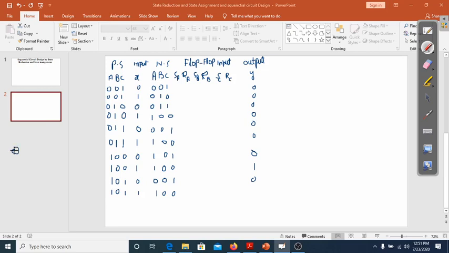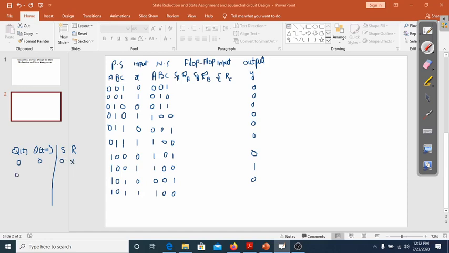We are given the present state Q of t and the next state Q of t plus 1, and we have to decide their inputs, S and R. When the present state is 0 and next state is 0, we have input S equal to 0 and R is don't care.